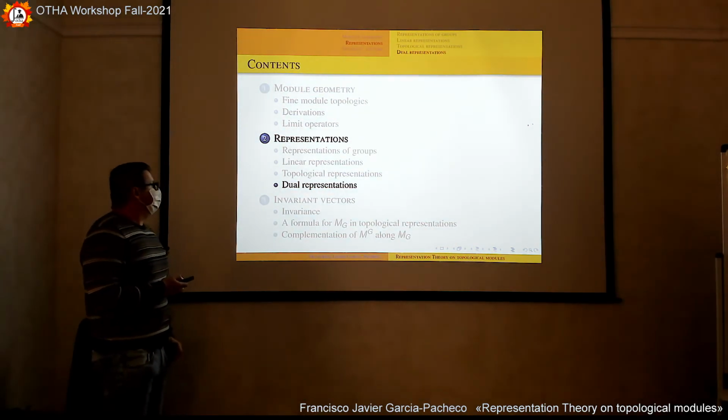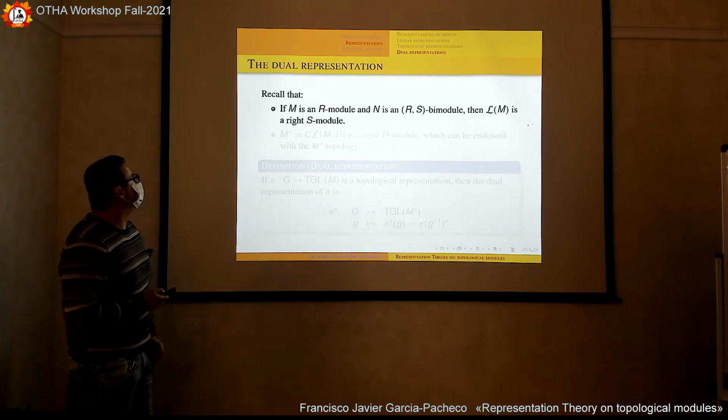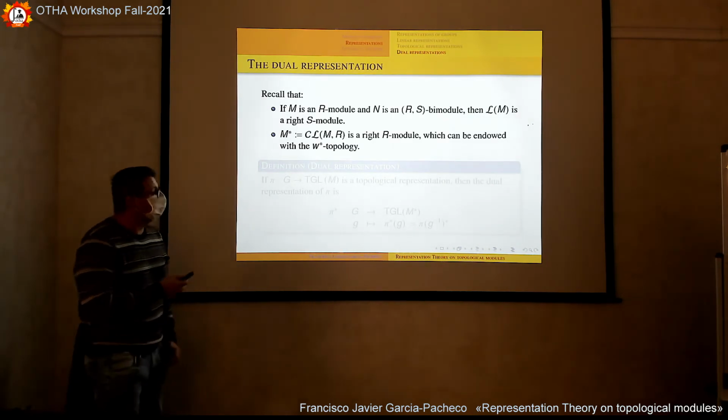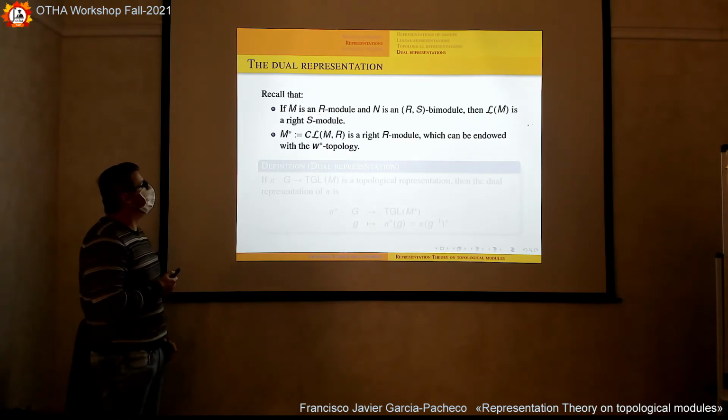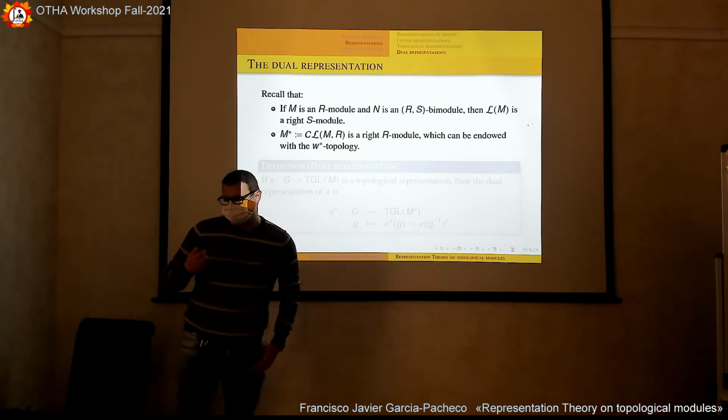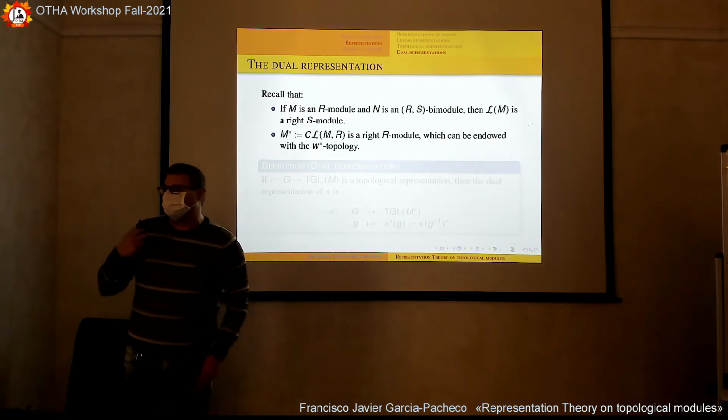And finally, dual representations. Well, this is just basic observations from algebra. If M is an R-module and N is an R-S bimodule, then the space of linear maps is clearly a right S-module, and that makes the dual a right R-module. This is something that is important to take into account in this scope.